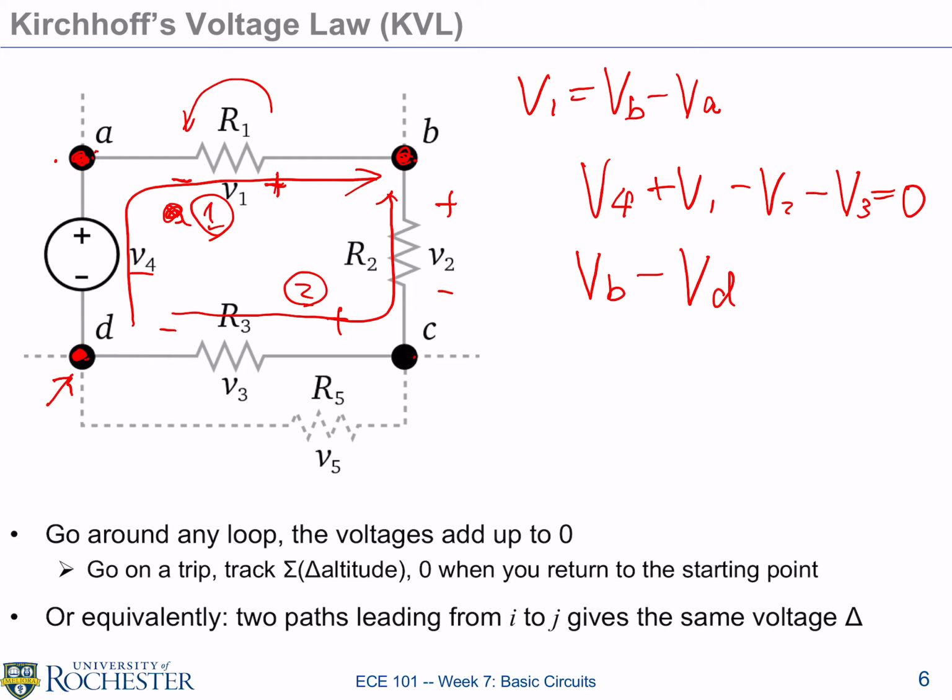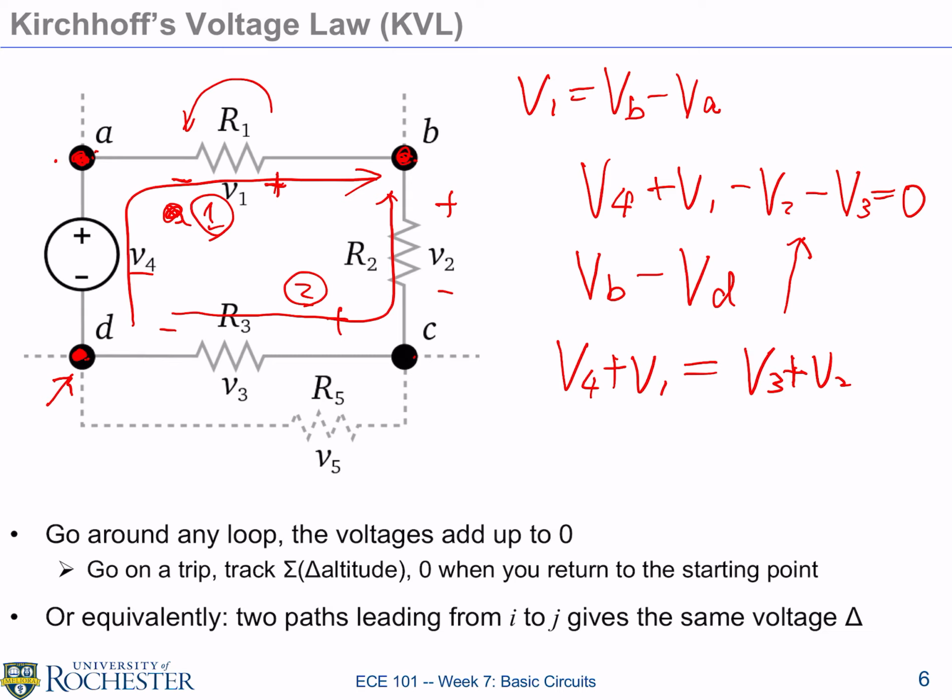Therefore V4 plus V1 is the cumulative voltage on route 1. On route 2, it's V3 plus V2.